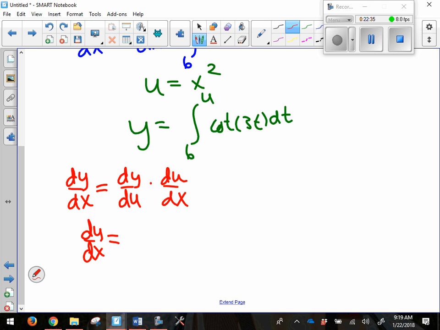So dy dx, when I take d by du of my y up there, now, lo and behold, I have a variable to the first power, which means that I can directly apply the fundamental theorem of calculus part 1.